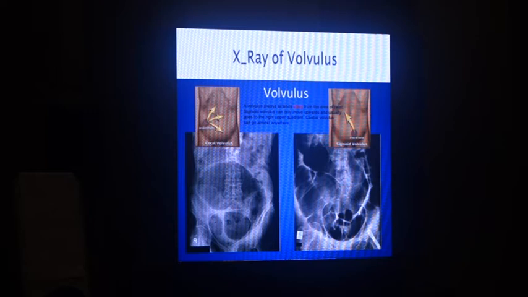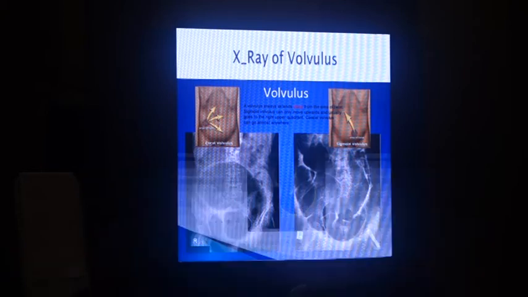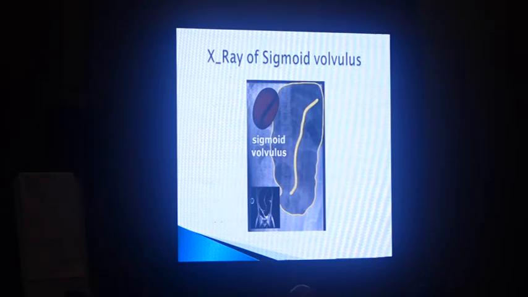So on this side from our side, that is the cecal volvulus, and on the right side that is the sigmoid volvulus. This is the characteristic of sigmoid volvulus, coffee bean sign, or we can call it a tire loop sign.